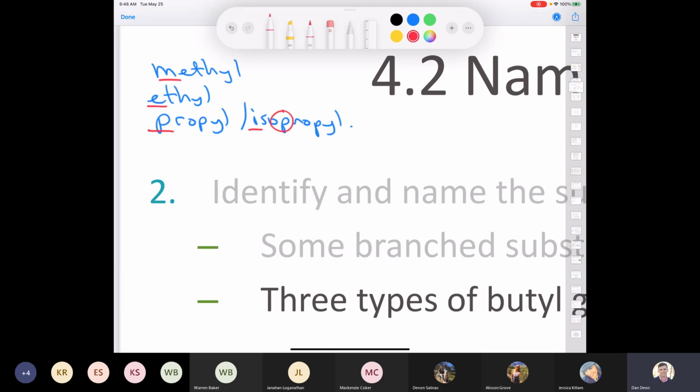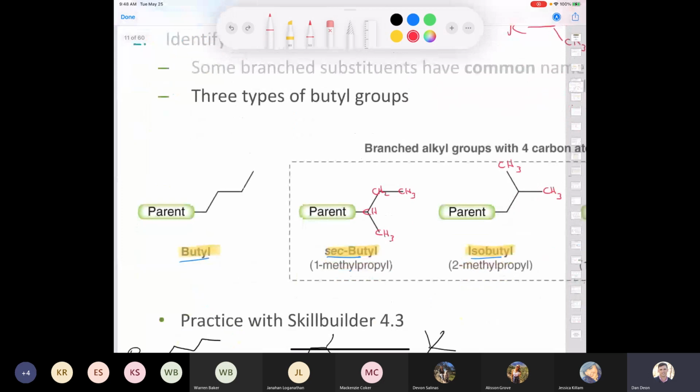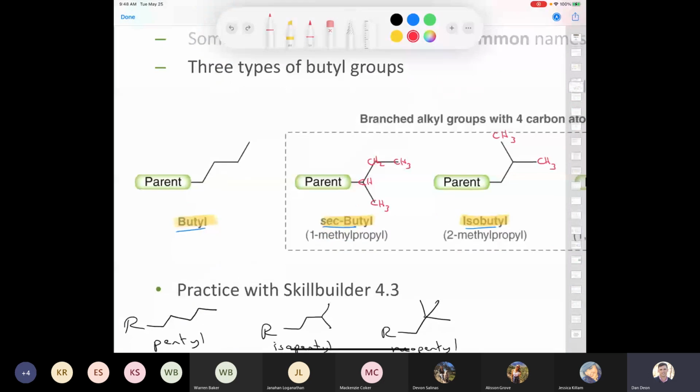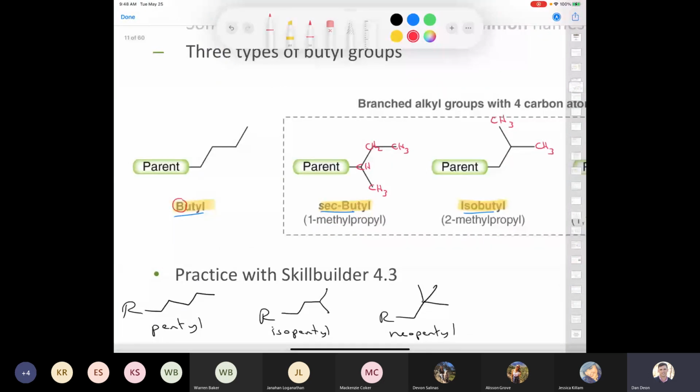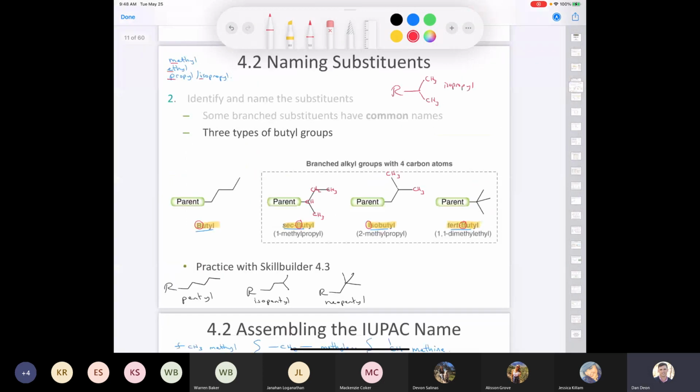Notice that there's no hyphen here. It's just isopropyl, all one word. When you get down into the butyls, this is where it gets a little bit of a pain in the butt. Okay, butyl is alphabetized according to the letter B. However, since sec-butyl has this hyphen in it, we ignore the sec prefix and we alphabetize it according to the letter B. If you have an isobutyl, since there's no hyphen, it's alphabetized according to the letter I. And since you have a tert-butyl with a hyphen in it, you alphabetize it according to the letter B. Cool?